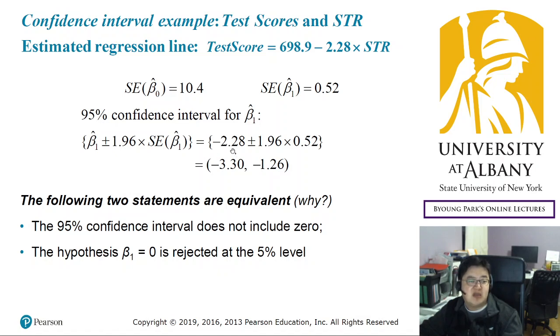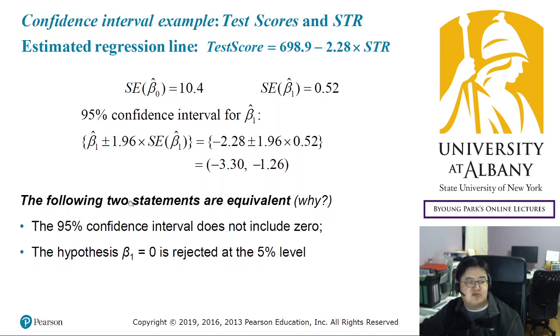So that means the effect of student to teacher ratio on the test score can be up to minus 3.3 points, or at least minus 1.26 points. So the estimator may be noisy, may have errors, but approximately, the range of the true value will be here, which is correct 19 times out of 20.